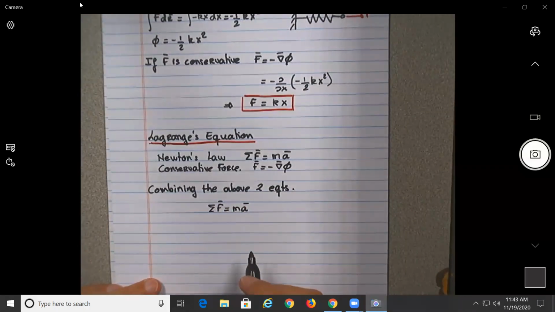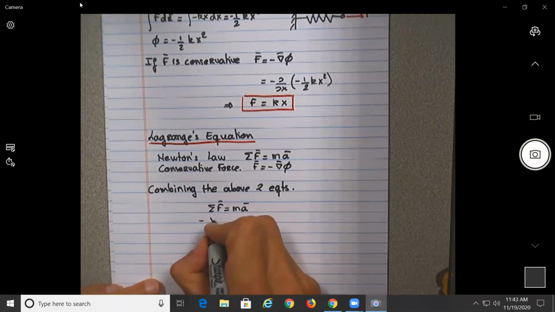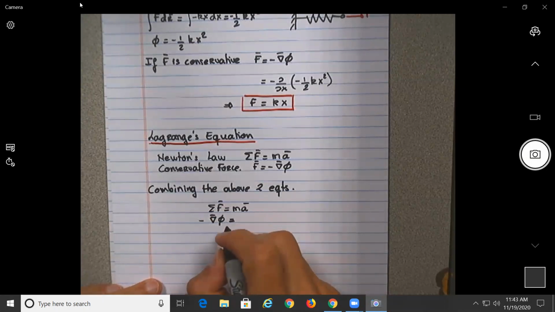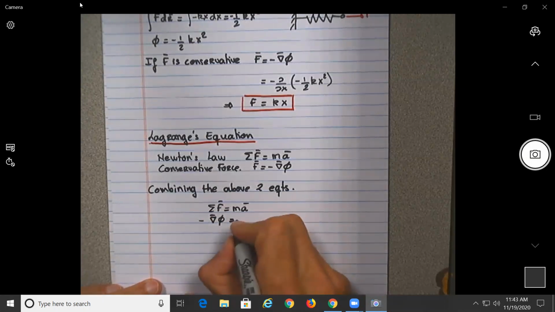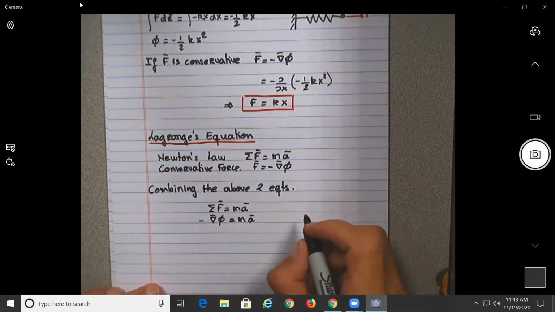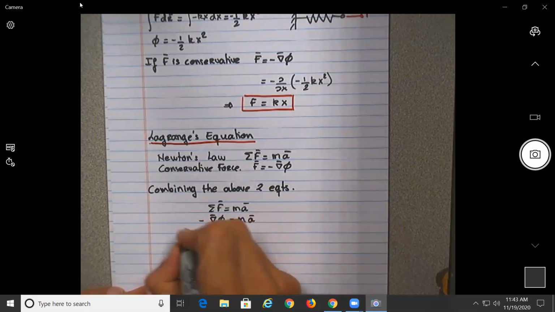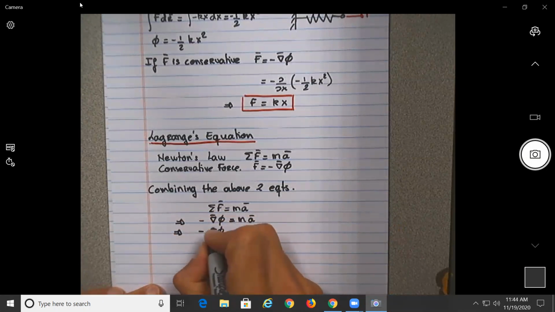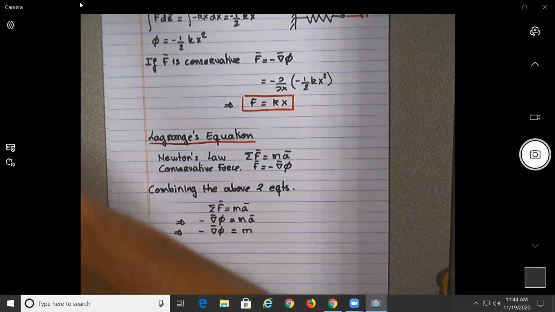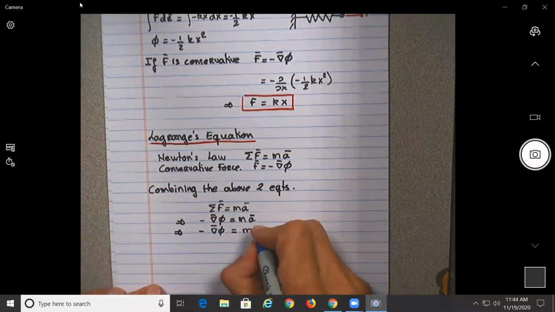If I simplify, I could say this will be minus this equal to ma. Okay? Or I can just write this as minus this will be equal to what? I hope you all know this.